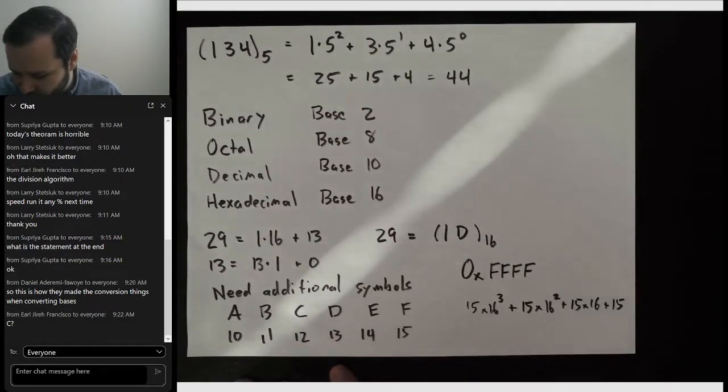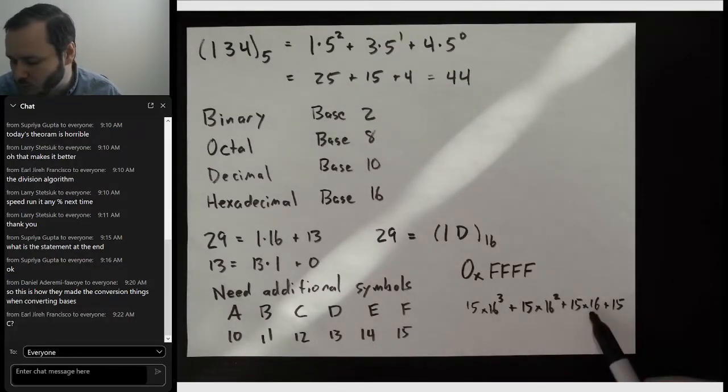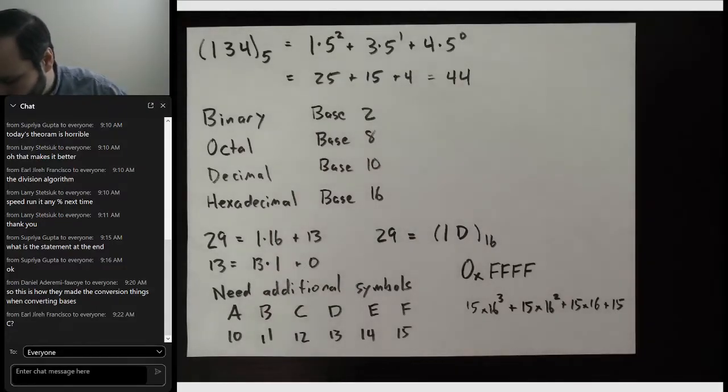Which in binary works out nicely as 1111, 1111, 1111, 1111. Or 2 to the 16 minus 1, whatever that number comes out to be.